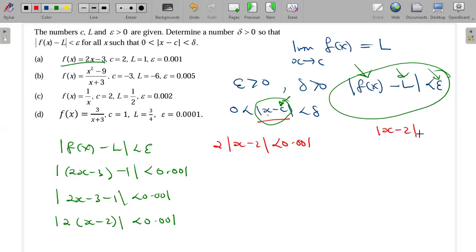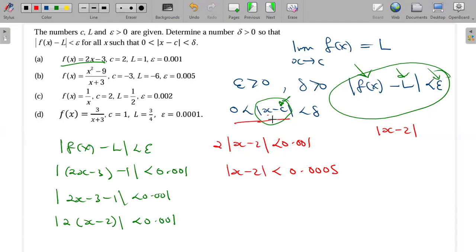So we just divide by 2 on both sides. If I divide by 2 on both sides, what am I going to have? You divide 0.001 by 2, so here you remain with the modulus of x minus 2 less than 0.0005. So this is what you obtain, the 0.0005.